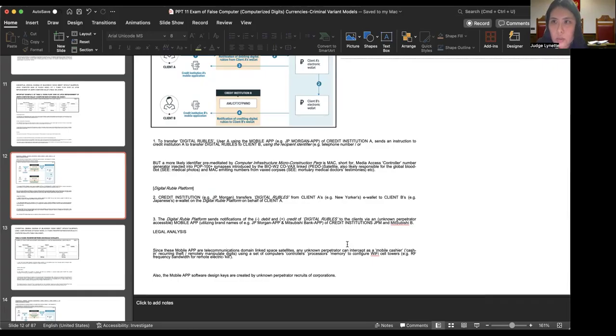So these are some of the important items for discussion at a world law court congregation, because we cannot, like 100+ nations, let some unknown perp Tom infiltrate or intercept as a mobile cashier worldwide, and or commit cash recurring theft or remotely manipulate digits, or he could be like a perp young Tom who learned this technique.